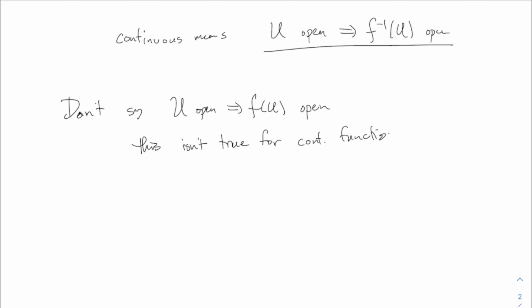For example, it's not so hard to come up with, how about f of x equals x squared? I can find a U in the domain which is open, but f of U is not open. And it's not even all that weird.